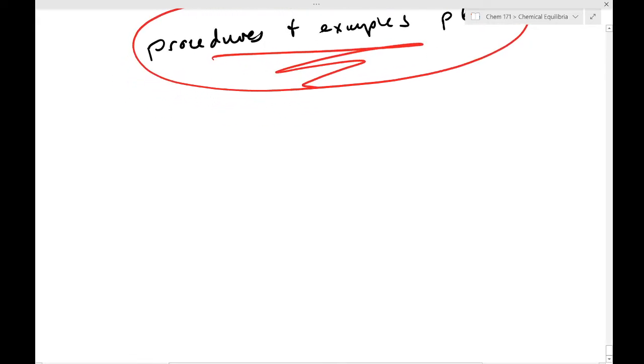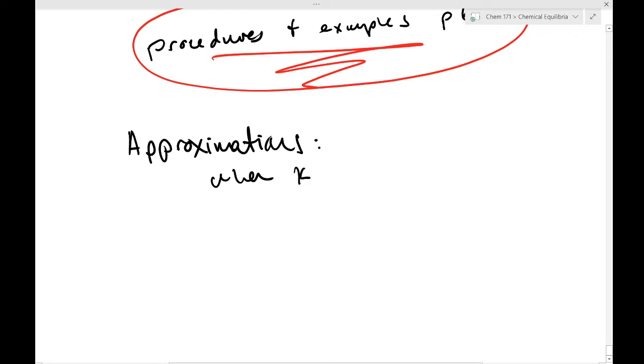So, we went through some examples last time where we used the quadratic formula and we had to solve for x. Now, there are some very useful approximations that you can make within this solving process.